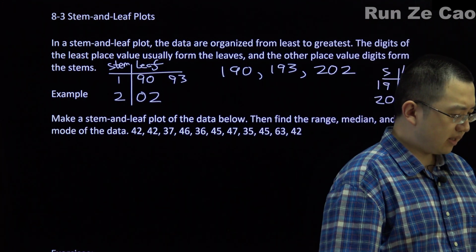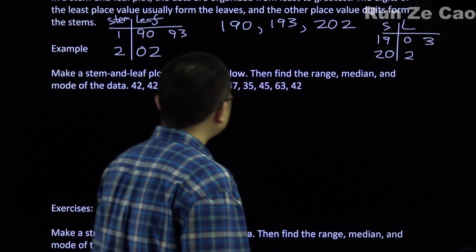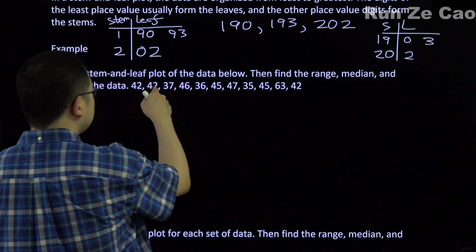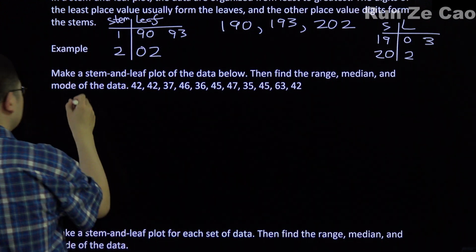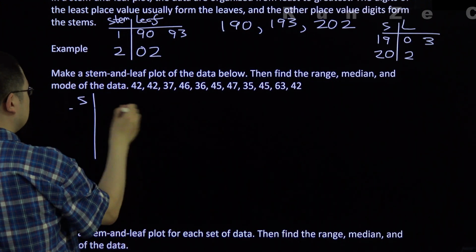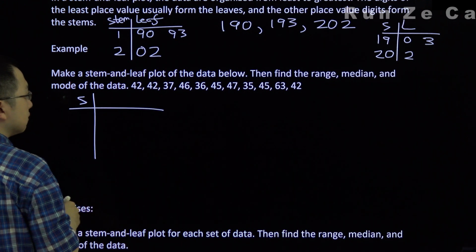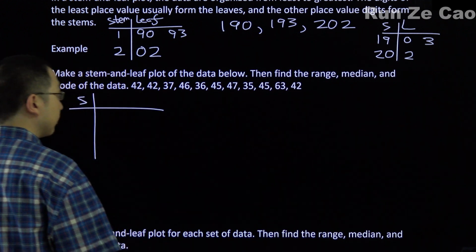So, make a stem and leaf plot of the data below. Then find the range, median, and mode of the data. Well, we see that we got numbers in the 30s, in the 40s, and in the 60s. There's only one choice for stem here, the tens digit, unlike with that example I just gave, where there were two choices for stems.